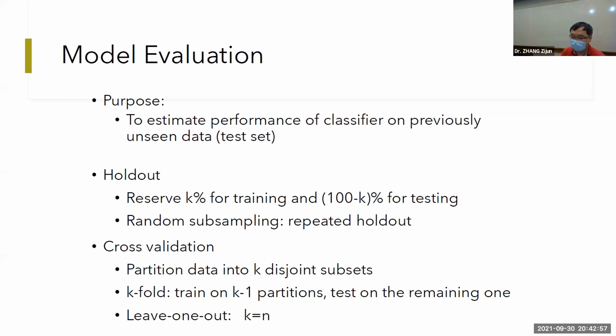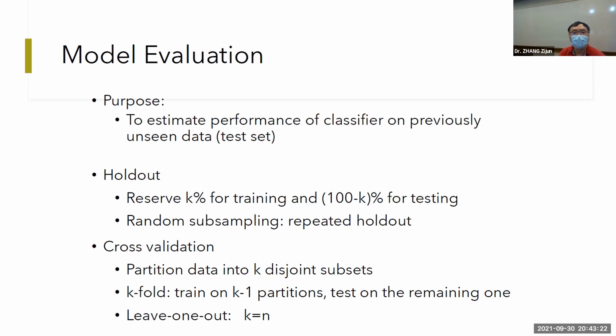That means we set K equal to N. This N means data points. Then the leave-one-out strategy means we use N-1 data points for training and just use one data point for testing. This is called leave-one-out.